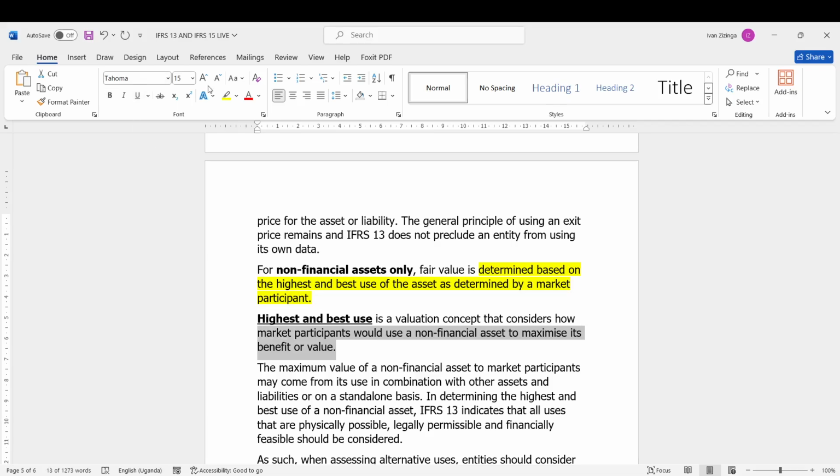That is what it means. Highest and best use looks at how the market participants would use the asset to maximize its benefit. If for them they are saying it is residential, that's how we can get the highest returns from this land, then you cannot take it to be agricultural.